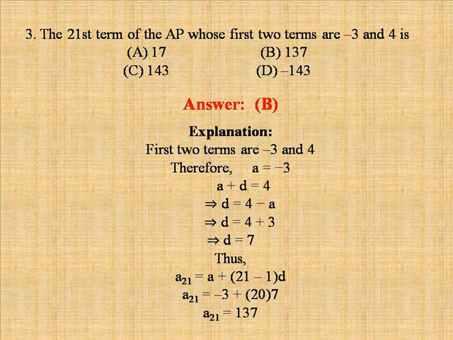So we have taken first term a is minus 3 and second term always a plus d, that is common difference, so a plus d equals 4. By putting the value of a, you are getting d equal to 7. Now you need to find the 21st term, that is a21 equals a plus 21 minus 1 into d. Now putting the values of a and d, you are getting answer 137. So option B, 137 is your answer.